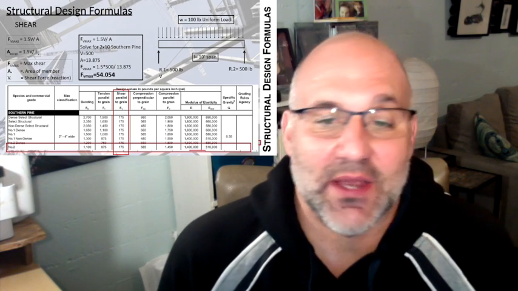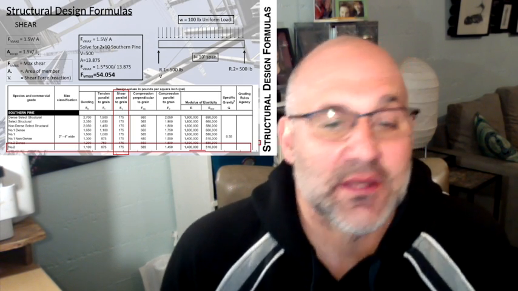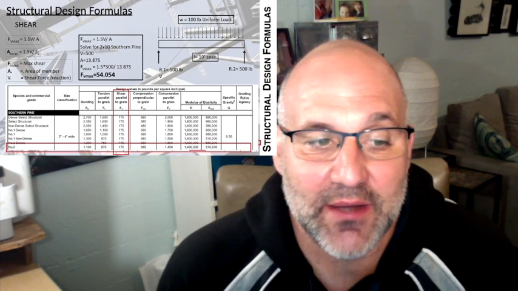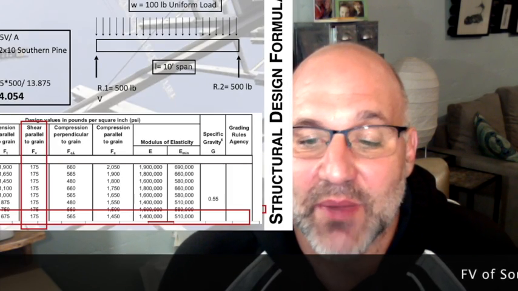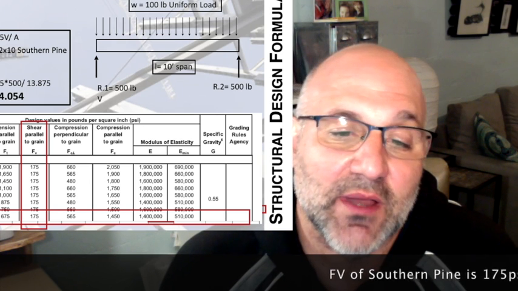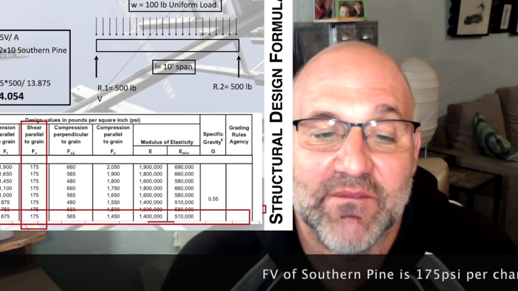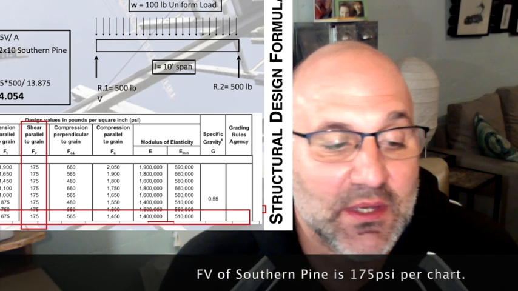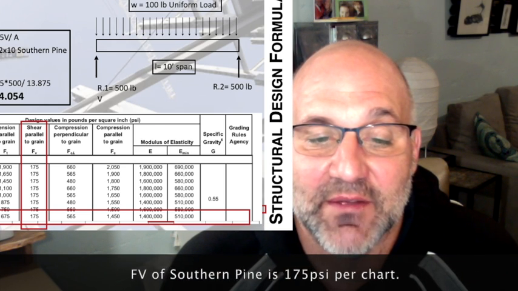Now we go back to our design charts, and in this example here, this is a southern pine. If we look at the box that I have highlighted here, the red box, the shear parallel to grain, the FV, is 175.